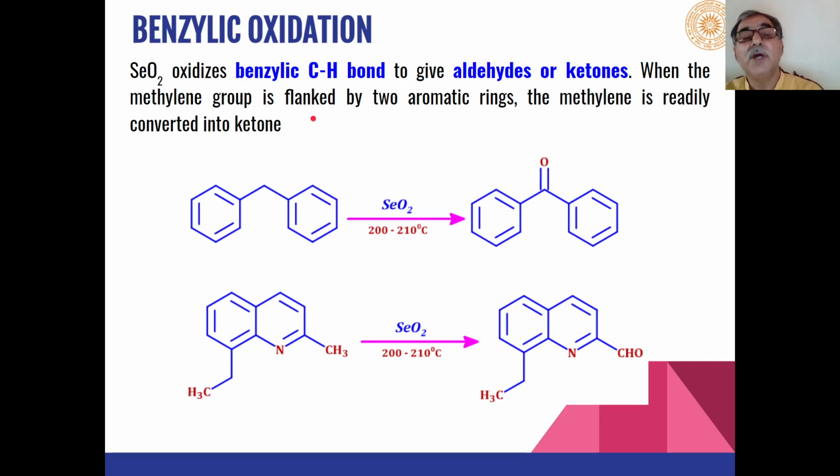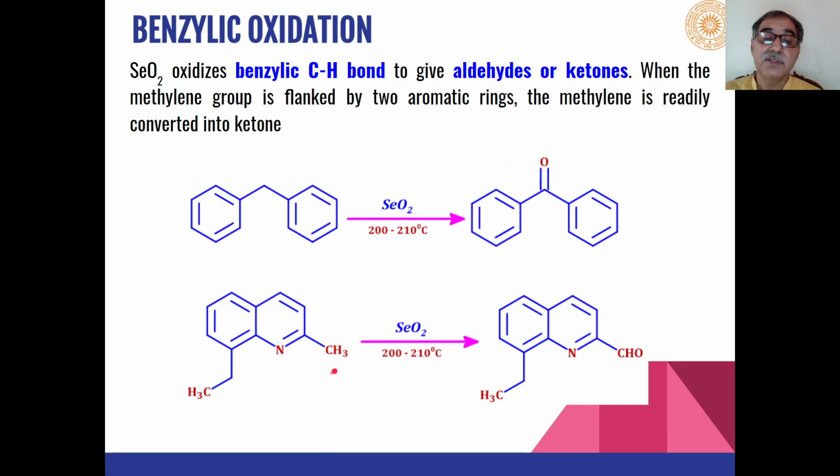Then selenium dioxide can also oxidize benzylic carbon-hydrogen bonds to aldehydes or ketones. For example, in this aromatic compound having a benzylic methylene group, selenium dioxide at a high temperature of the order of 200 to 210 degrees will oxidize this methylene group to the keto group, and we will get benzophenone as the product.